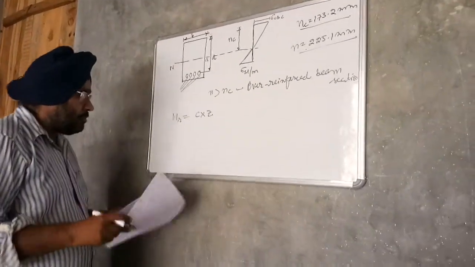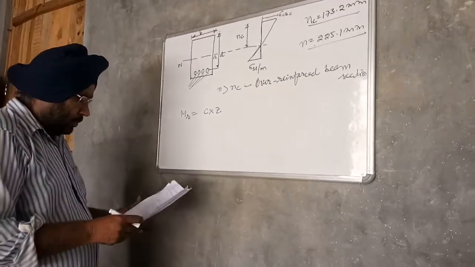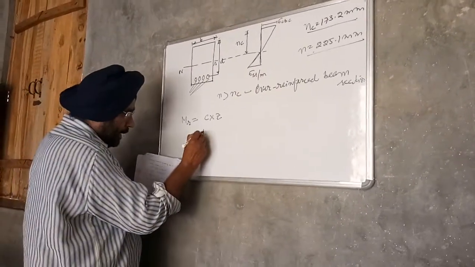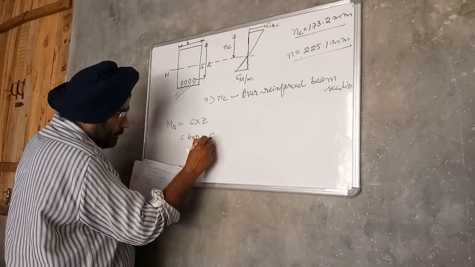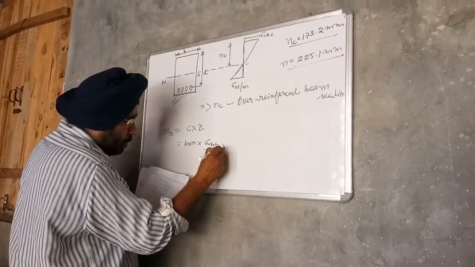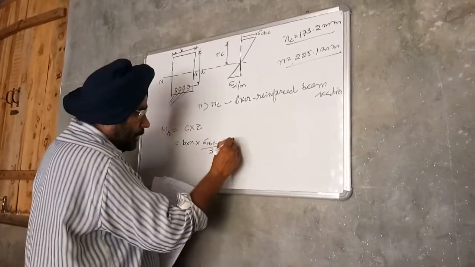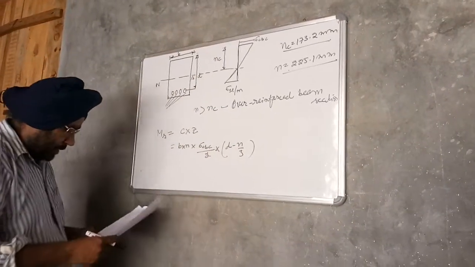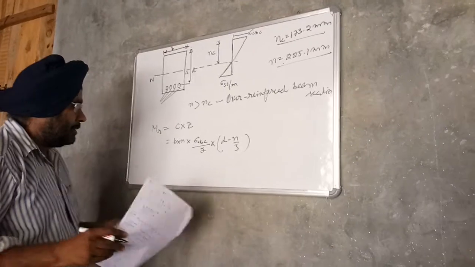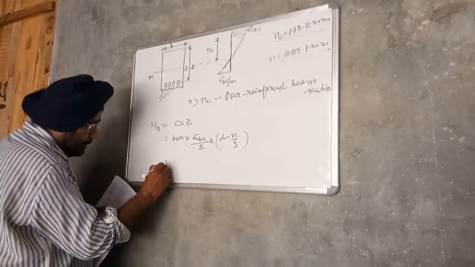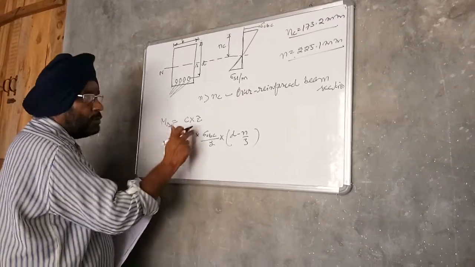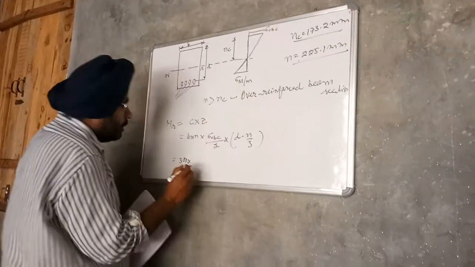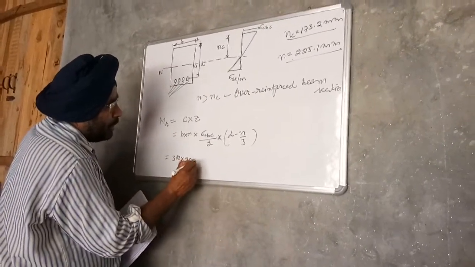So M is equal to B into n into sigma CBC by 2 into Z, the lever arm, D minus n by 3. Putting all these values, the value of B is 300, the width of the section, and the depth of the actual neutral axis is 225.1.